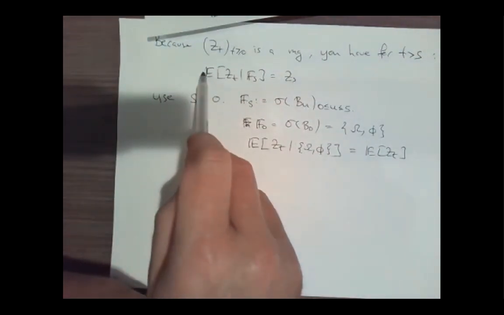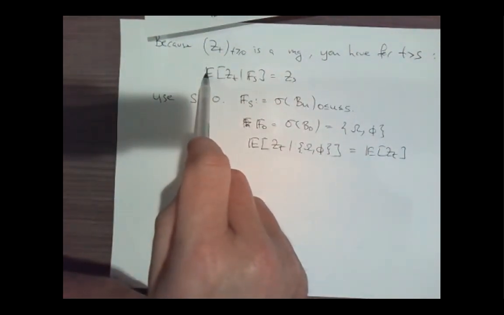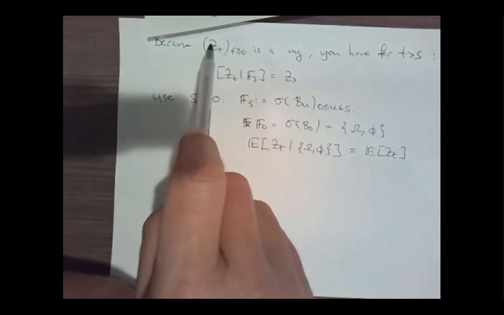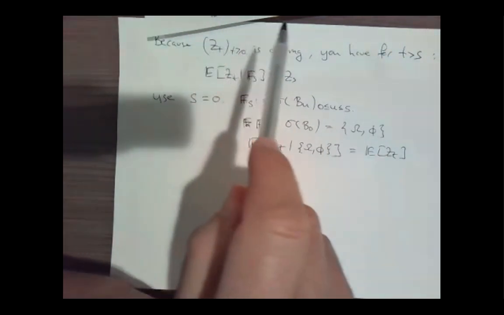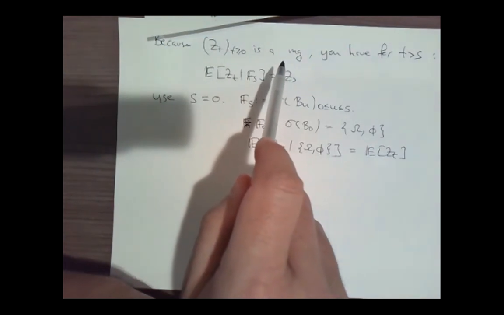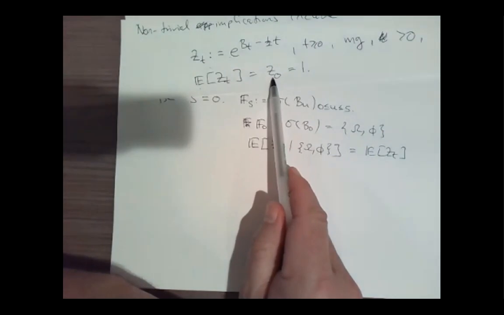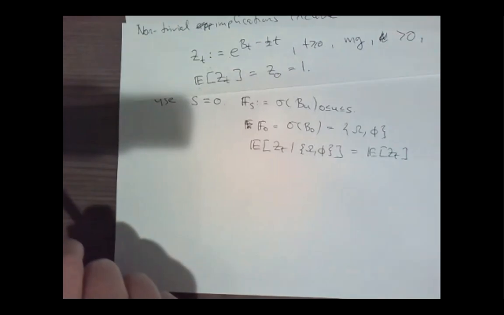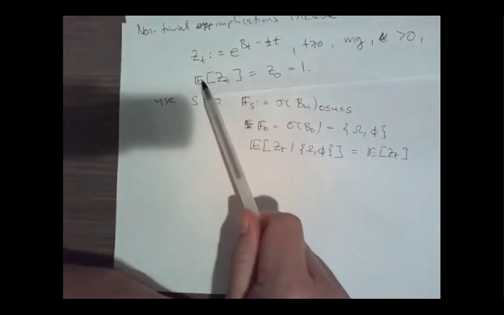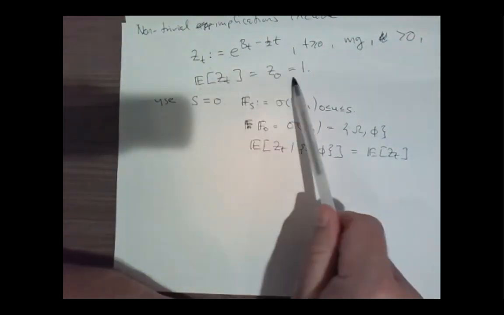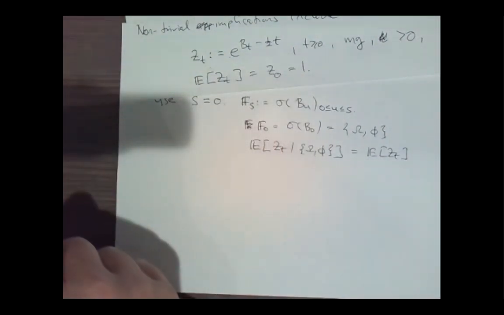This here is the martingale property, and the martingale property implies that you have constant expectation over time. We are not saying anything at all about constant expectation implying the martingale property.